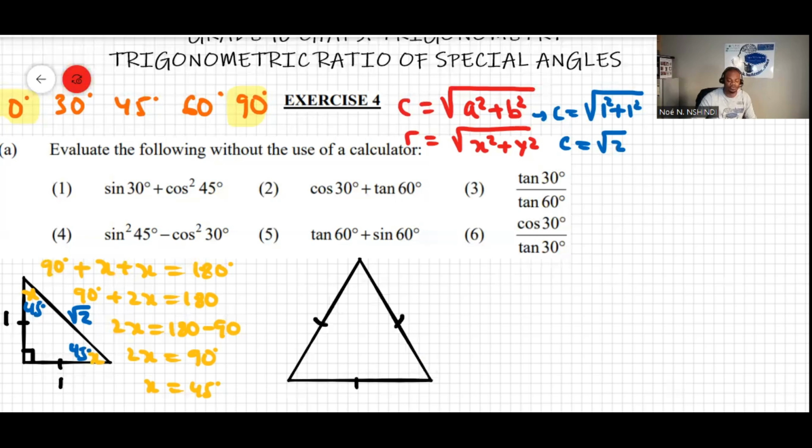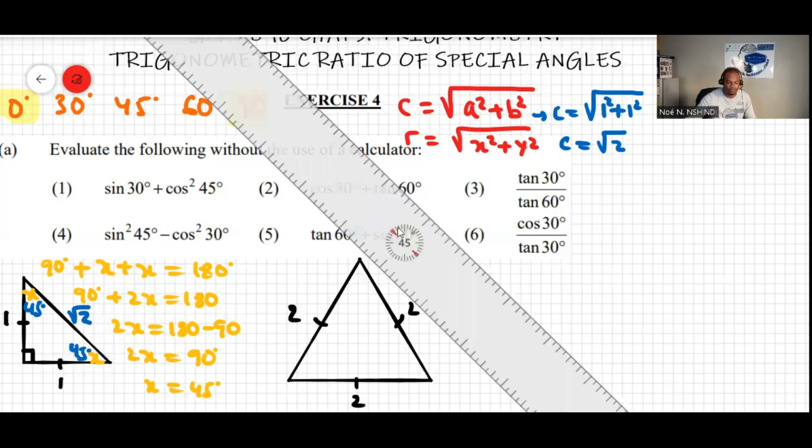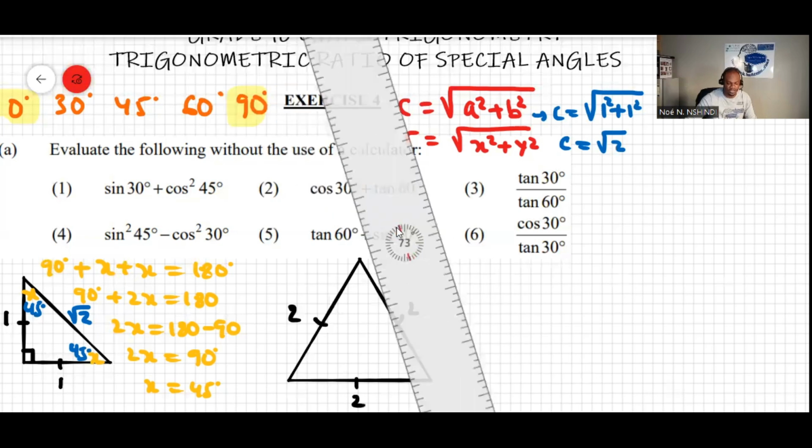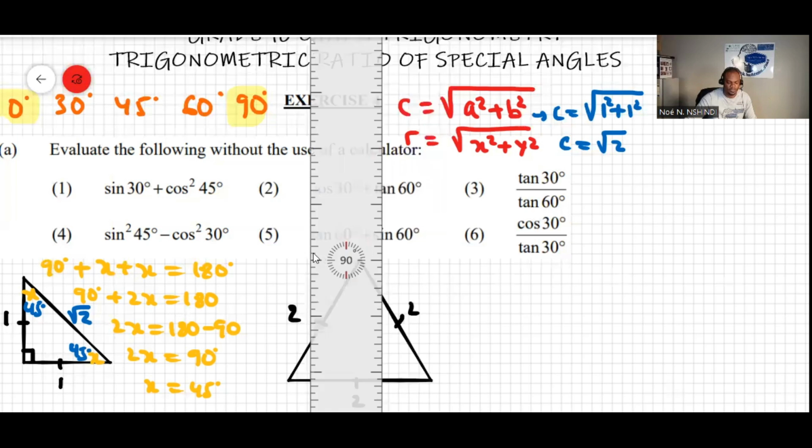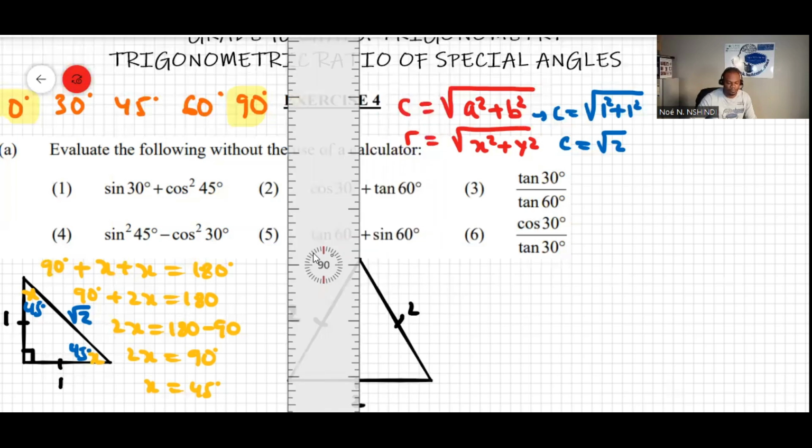Let's put my sides equal to 2 units. Now, if for instance I draw a perpendicular bisector from the tip of my triangle to the midpoint of the base, I'm going to draw my perpendicular bisector over here, from the top to the bottom. I'm going to use a dashed line.